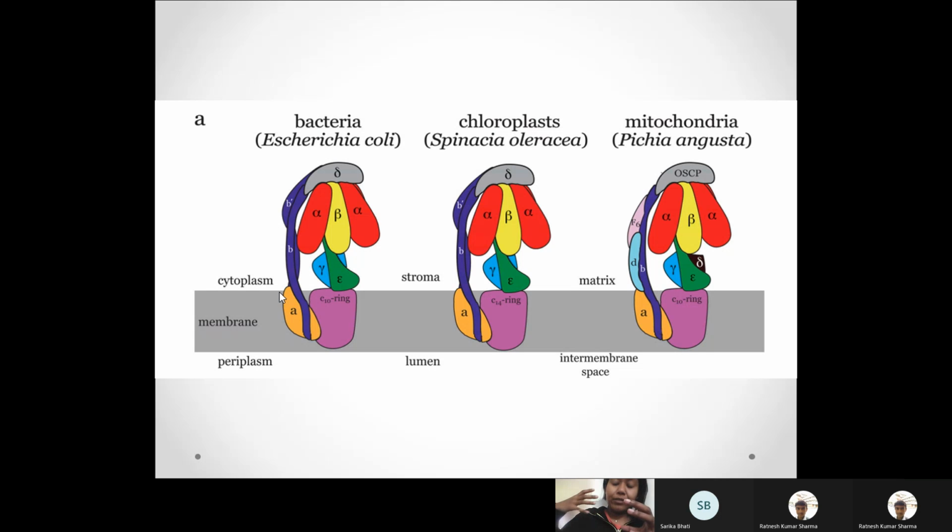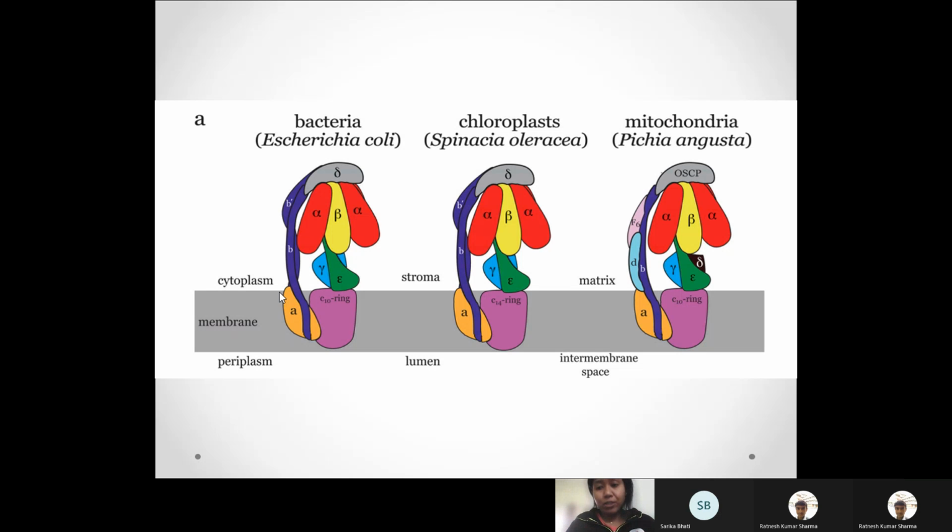And there, the FO, the oligomycin-sensitive fragment, is the C ring, which is resident in the inner membrane of the mitochondria, and you have fewer protons in the matrix compared to the intermembrane space. So the intermembrane space has more protons, and there is a proton gradient that has been established, and the protons now need to move along this gradient into the matrix.